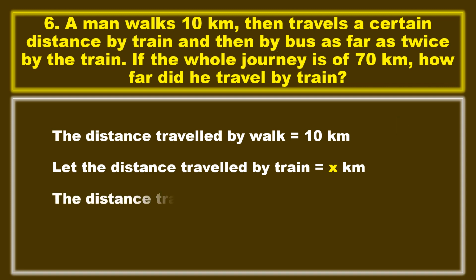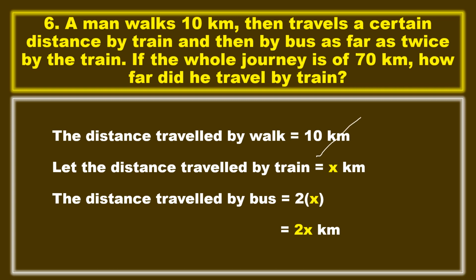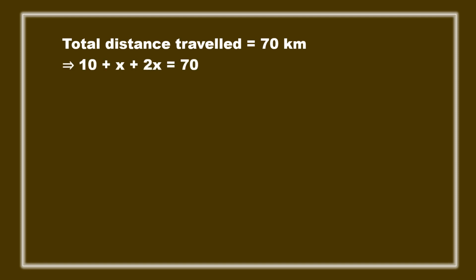So 2 times of train means 2 into x, which is 2x kilometers. Now he gave the total distance is 70 kilometers. So if we add the three distances, walking distance, train distance and bus distance, we'll get 70 kilometers.